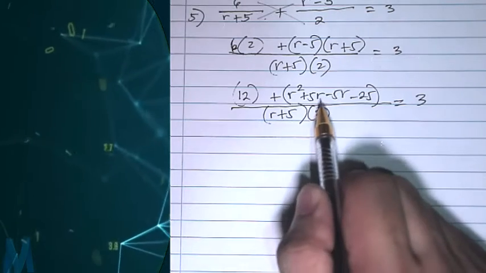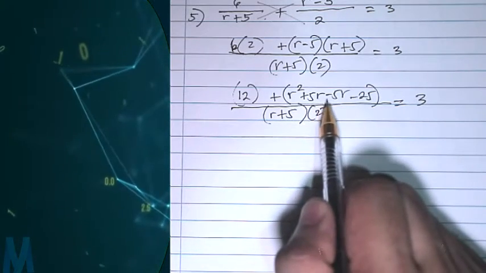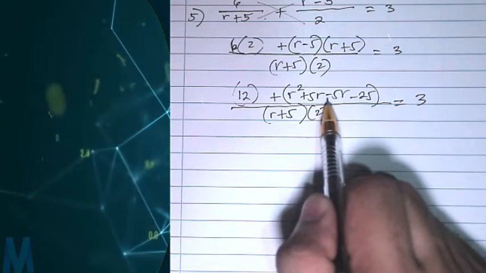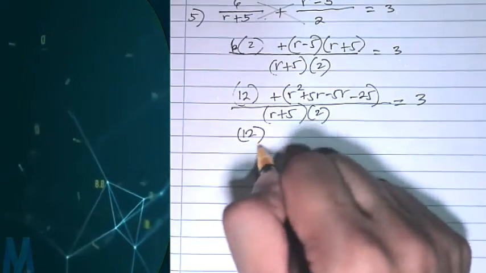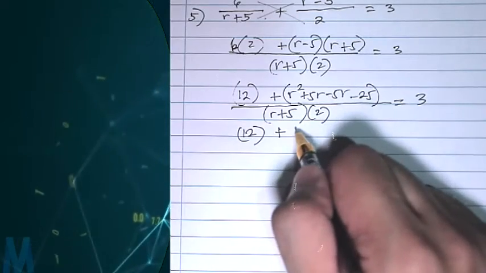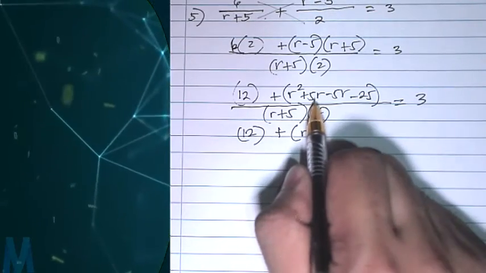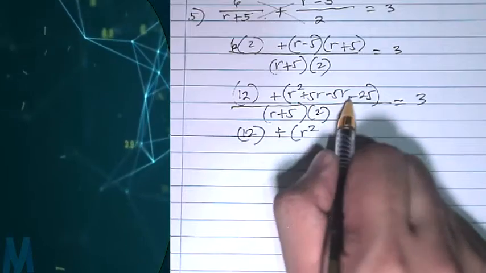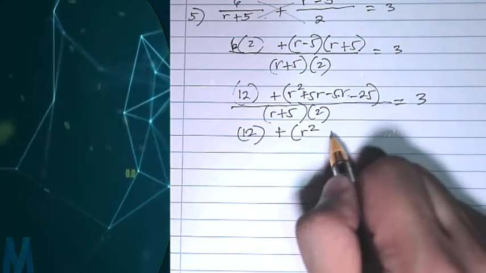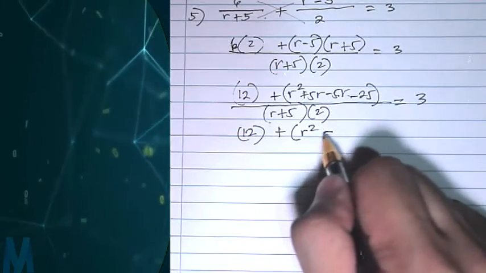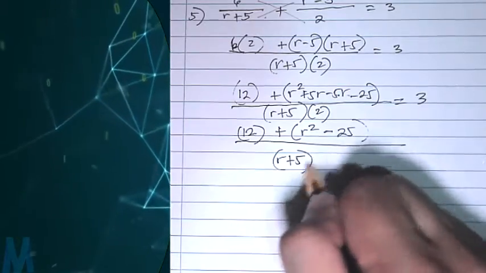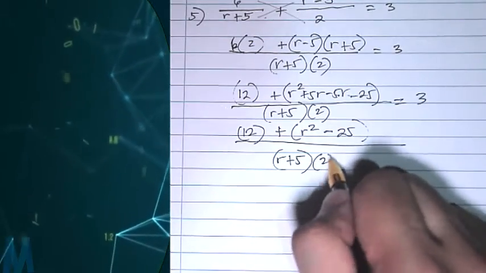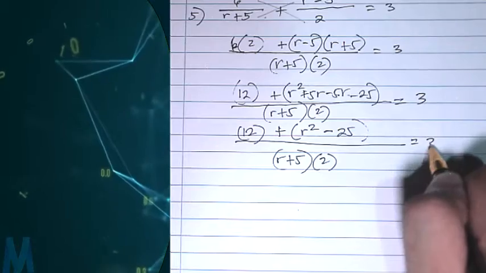Then, i-add natin anay ang 5r minus 5r. Okay. So, that is 12 plus r squared. So, 5r minus 5r, may muna siyang 0 na. Okay. So, mabili na lang is r squared minus 25 over r plus 5 times 2 is equal to 3.